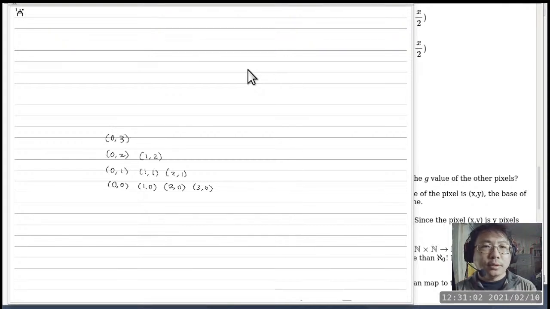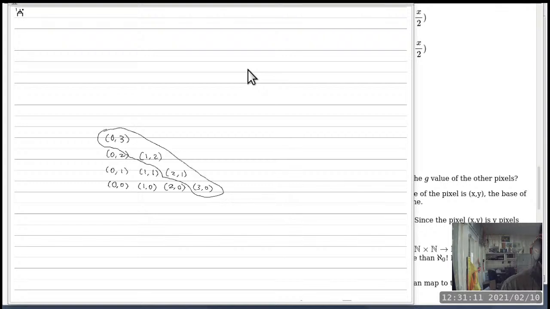If you focus on one single diagonal line, let's just focus on this diagonal line here, you would notice that 3 plus 0 is 3, 2 plus 1 is 3, 1 plus 2 is 3, 0 plus 3 is also 3.